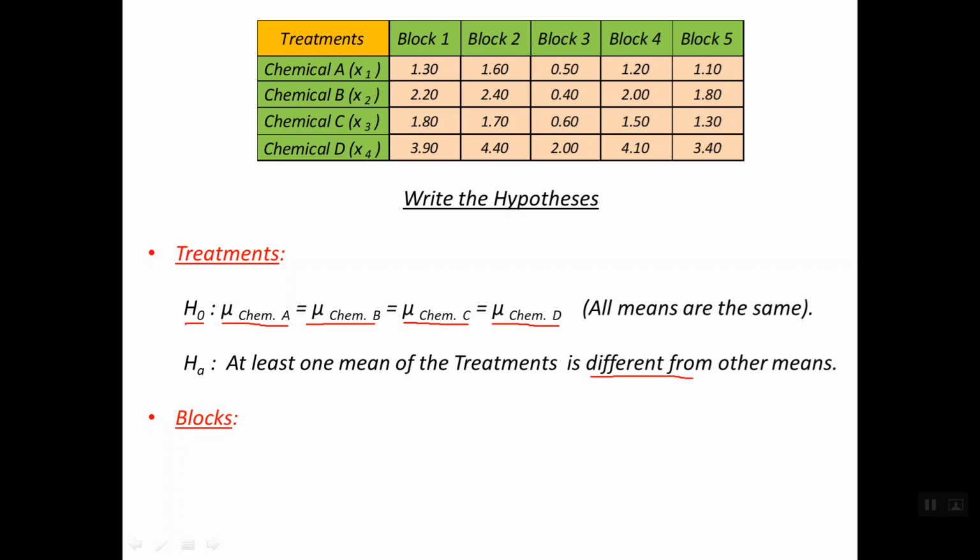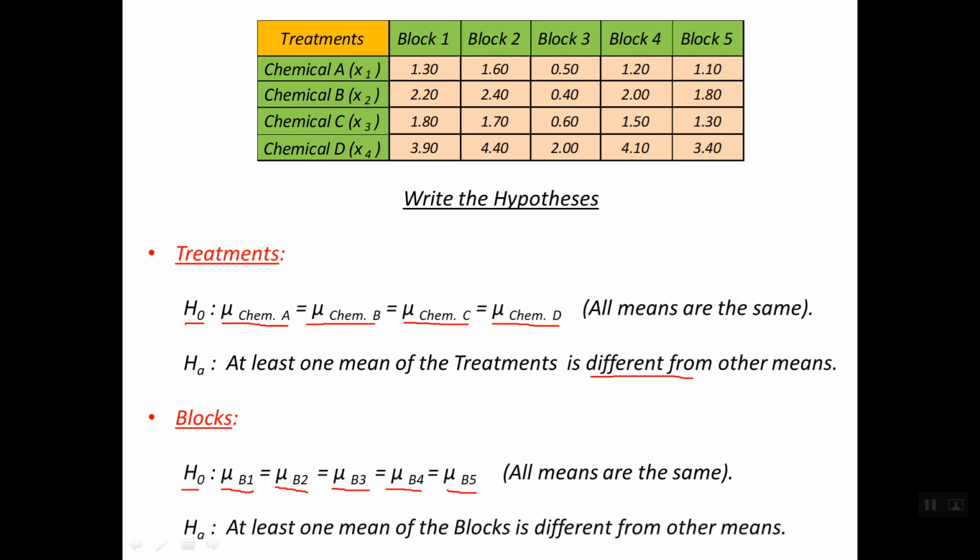these hypotheses for the treatments, and regarding the blocks, the same way we have the null hypothesis for the blocks, H sub 0, which states that the mean for block 1, which is simply the mean of the fabric strength inside the first block, is the same as the mean in block 2, same as in block 3, same as in block 4, same as in block 5, or simply we can state that all means are the same.